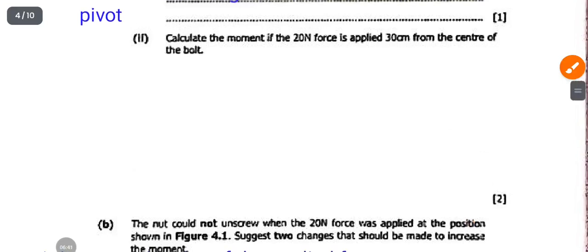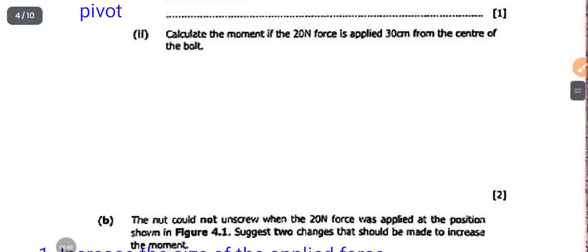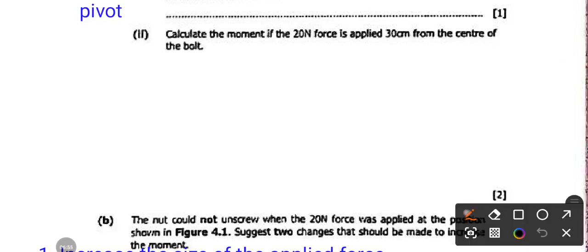Then question B. The nut could not unscrew when the 20 newton force was applied at the position shown in figure 4.1. Suggest 2 changes that should be made to increase the moment. So I earlier cited that the formula of moment is force times distance.